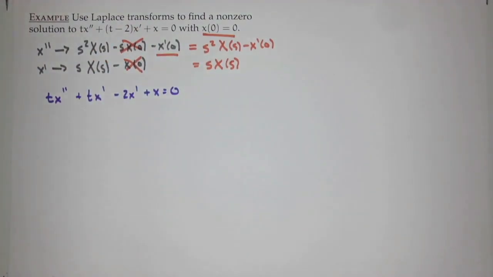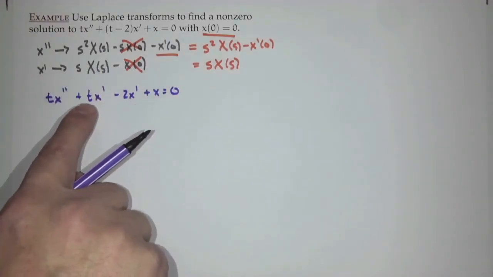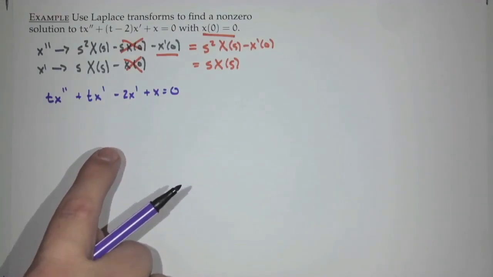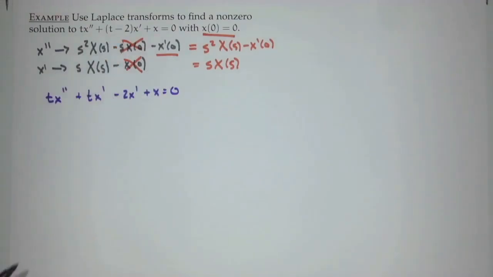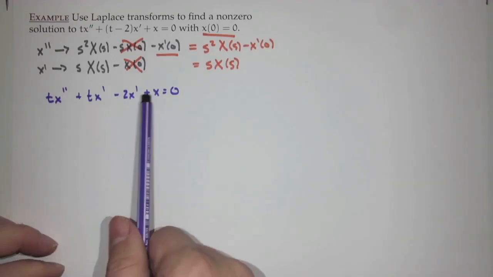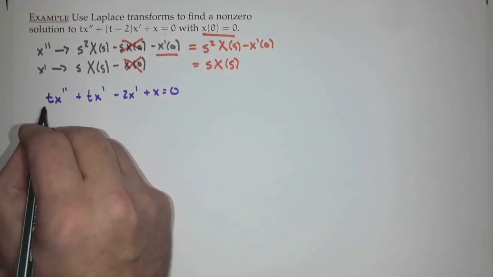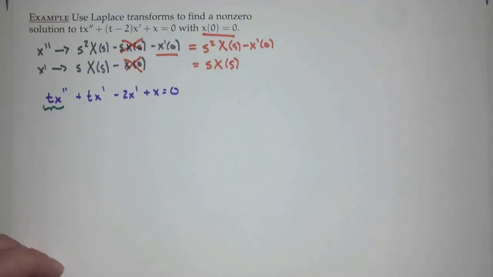Well, the reason is we know how to handle t times something, and we know how to handle a constant times something, but we really haven't talked about what to do with t minus 2. So by expanding, we're saying let's take it into parts that we know how to handle. It's a very common strategy. All right. Good. So now we have 4 pieces. Well, 5, but the 0 is super easy to take care of. So we're going to go through and talk about each one of these. What happens to t x double prime? What will this become?